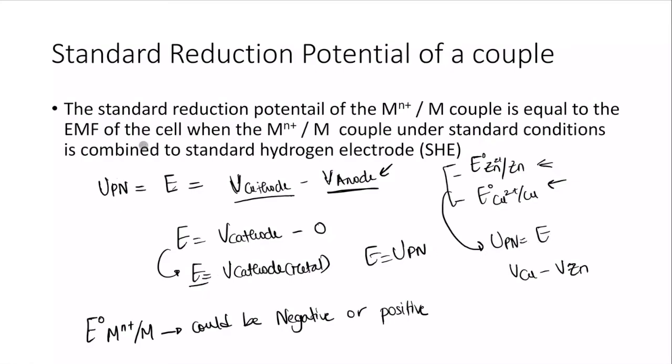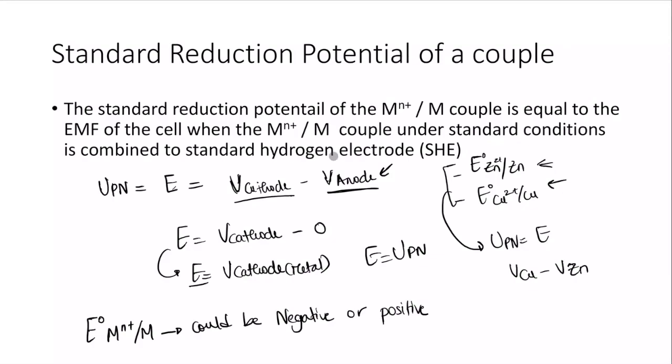So the standard reduction potential of the M^n+/M couple is equal to the EMF of the cell. I'm going to repeat this sentence. The standard reduction potential of M^n+/M is equal to the EMF of the cell when the M^n+/M couple under standard condition is combined to the standard hydrogen electrode.